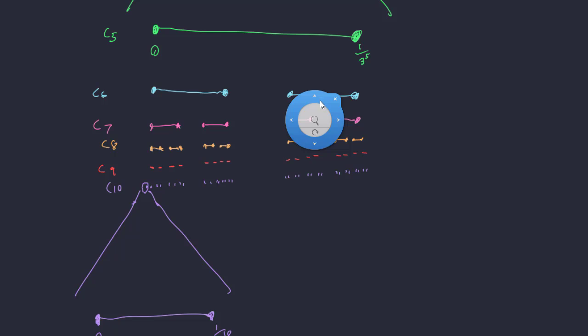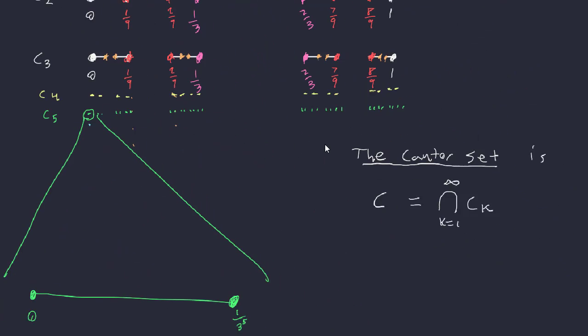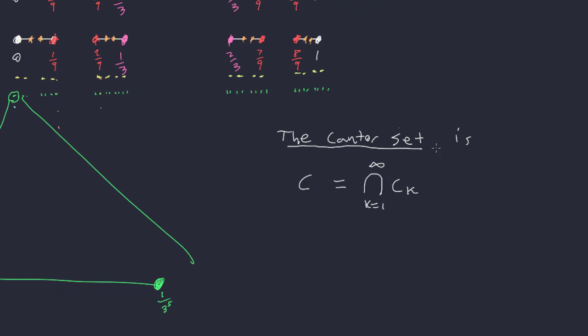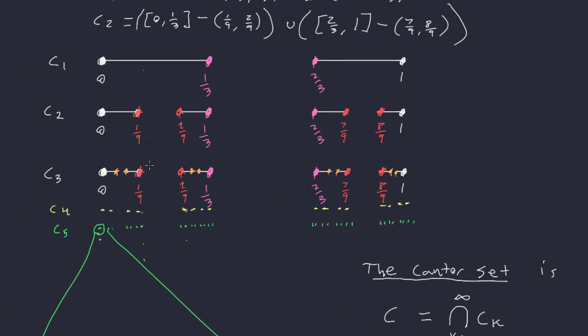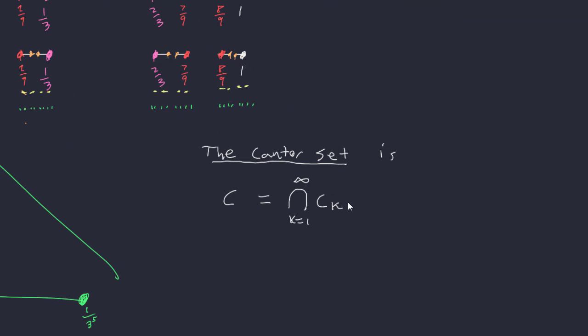All right, so it turns out that the Cantor set has all of the endpoints that we've started with and all the endpoints that we will create. So 1/9 will be in every one of these. 2/3 will be in all of them. 7/9, 8/9. Okay, all of those points, all those endpoints are going to be in this intersection.